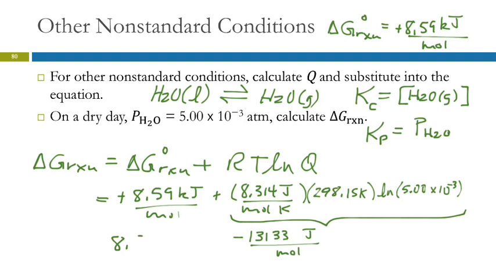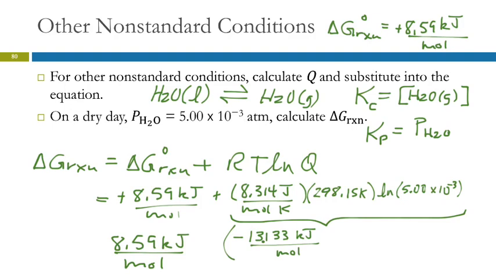Over here I've got 8.59 kilojoules per mole. So if I want to put these numbers together, I want to convert this to kilojoules. So I'm just going to move the decimal point over 3 places, and that's kilojoules. You can write it all out if you want to.